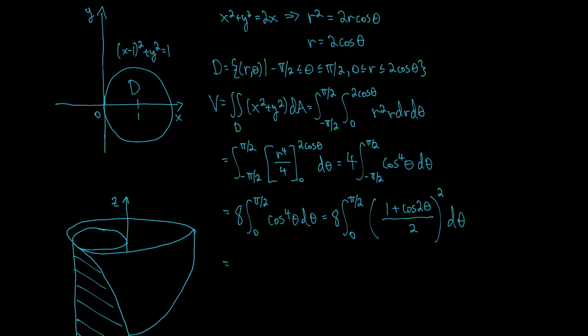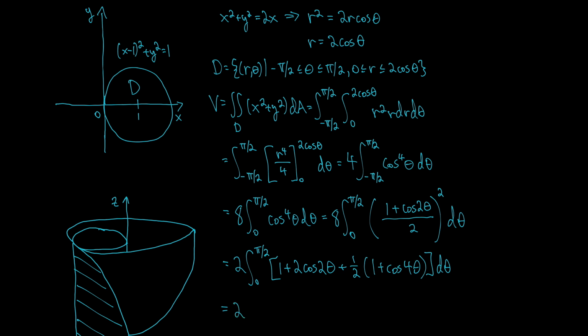Okay, so if we square our half, then the 2 inside becomes a 4, and then we have 1/4 times 8 is 2. So we have 2 times the integral from 0 to pi over 2 of 1 plus 2 cosine 2 theta plus 1/2 times 1 plus cosine 4 theta, because we just FOIL what's left, and integrating that's pretty easy.